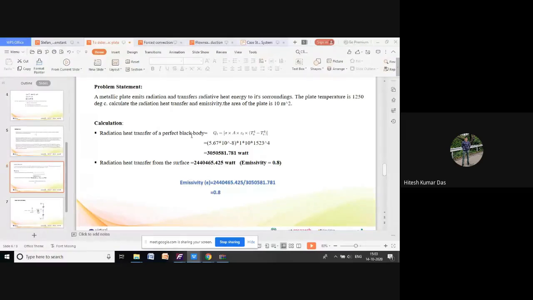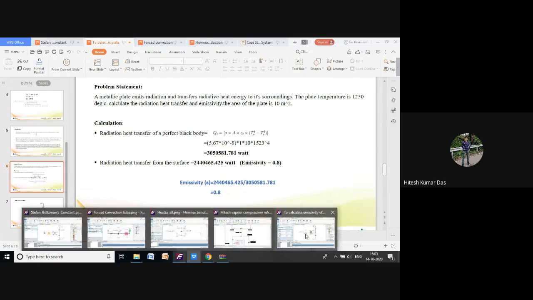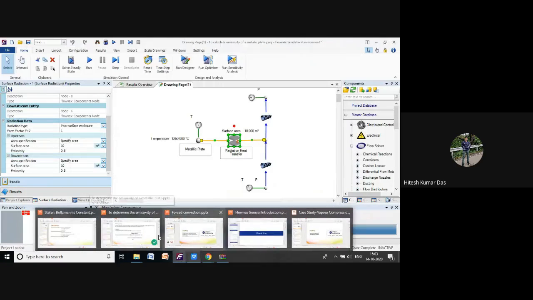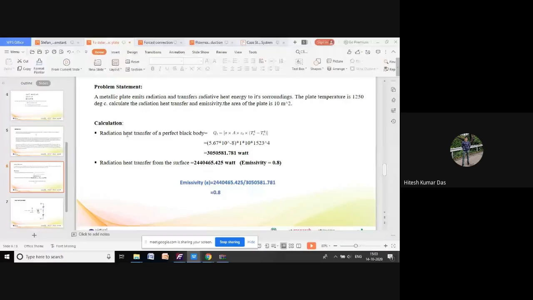So by dividing the surface value by the black body value, we get emissivity as 0.8, which we have assigned in our network. This is for the emissivity calculation.